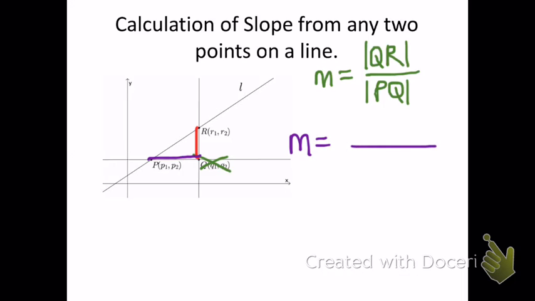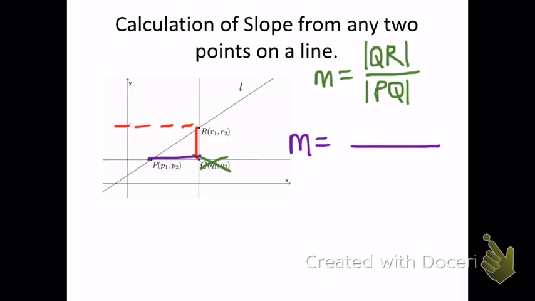is going to equal, now if I look at this vertical distance QR, this is the red right here, what I notice is that the Y value is going from this up to here, and I could even draw a little dotted line over to the y-axis to show that.